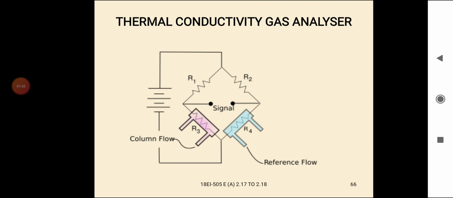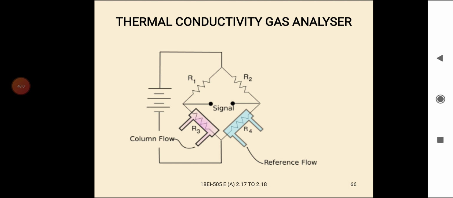Whenever the sample to be analyzed, whose concentration is to be found, is passed through the column flow, then R3 will be cooled down.